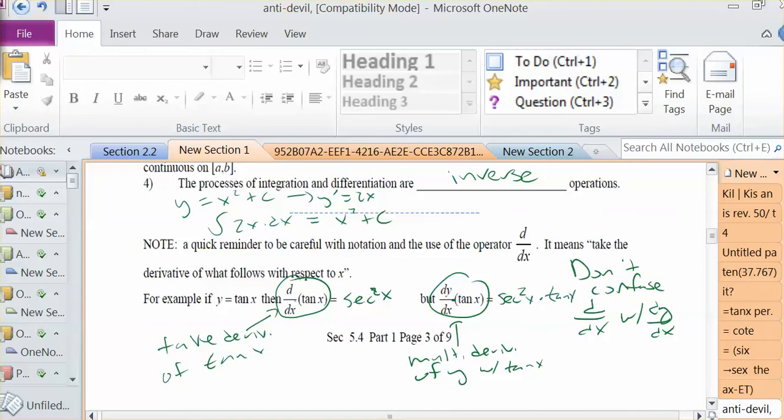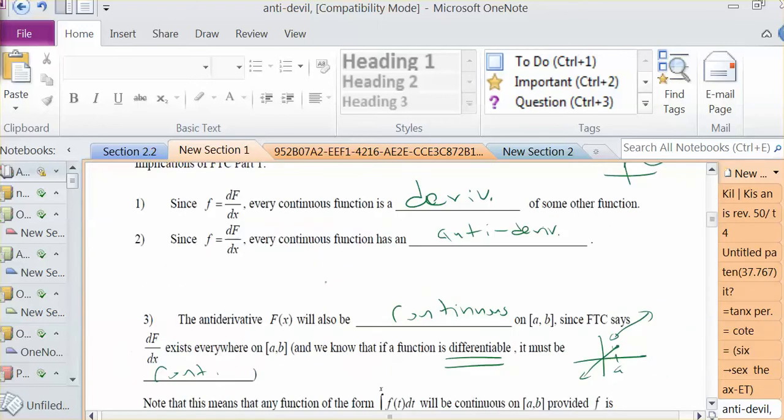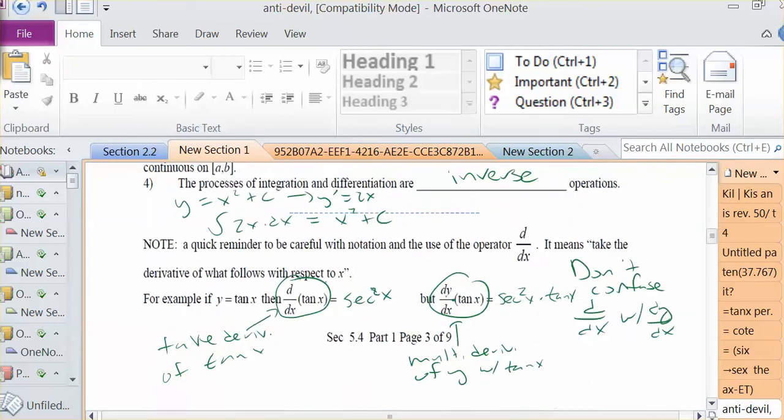There's no multiplication for d over dx of tan x because that's an operation. So just don't confuse those two things, because we do want to exhibit notational fluency. It's very important for this stuff and not get things confused. The College Board is very heavy about that when it comes to the AP exam for Calculus AB. So you want to make sure you're comfortable with the notations.